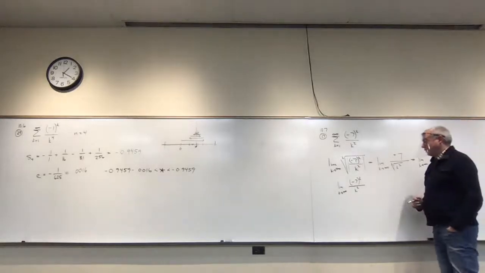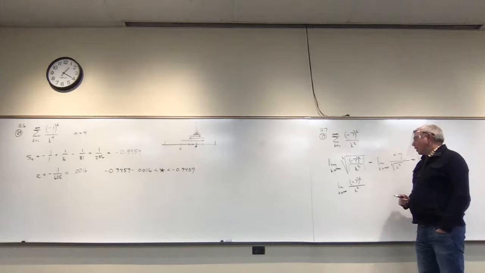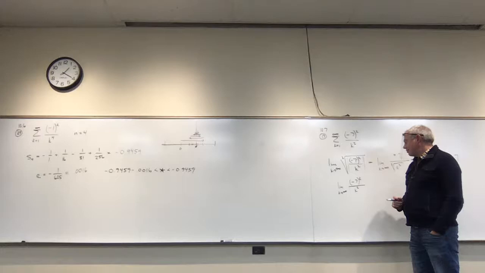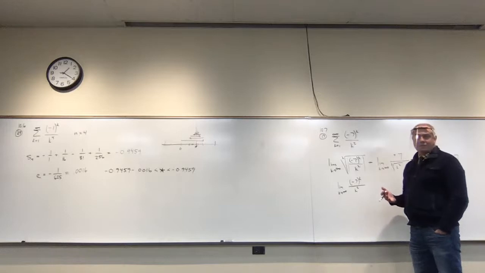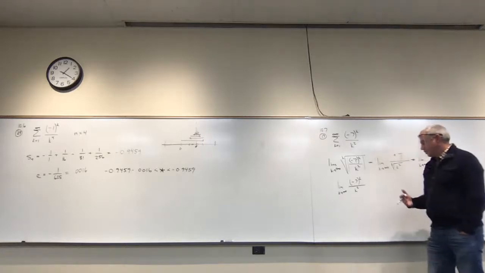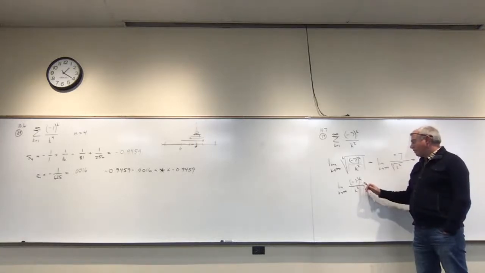And what do we think of this? Thoughts? It's certainly infinity over infinity. So I guess I could use L'Hopital's rule. But what do we think of what's happening on top compared to what's happening on the bottom?